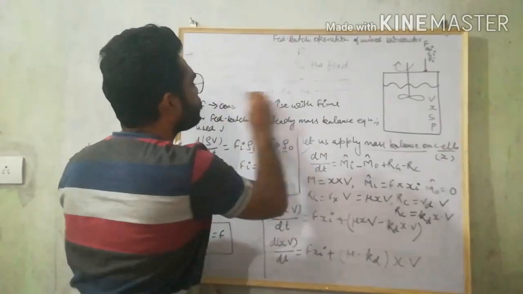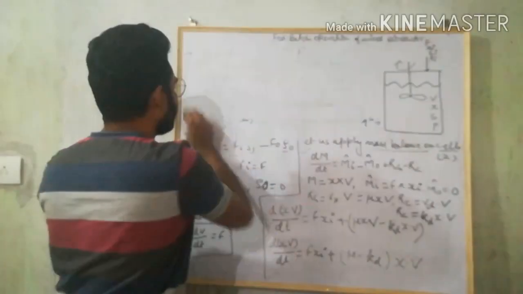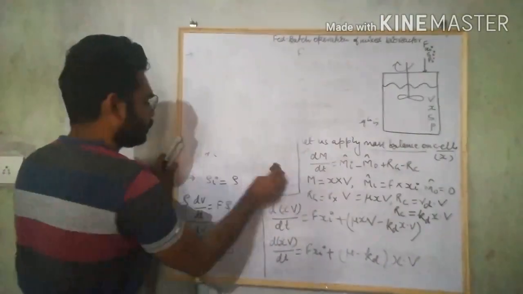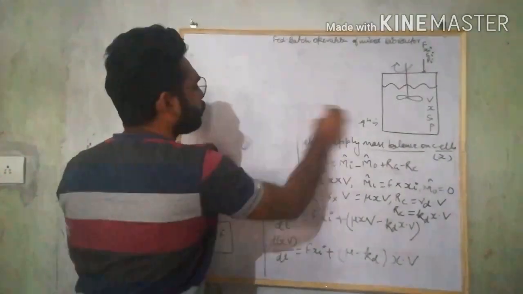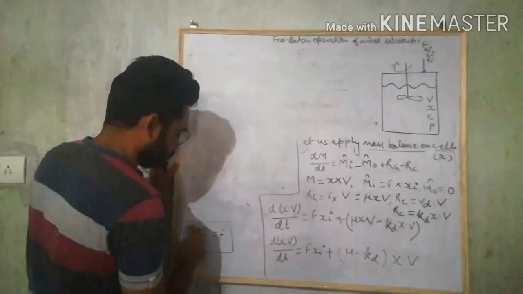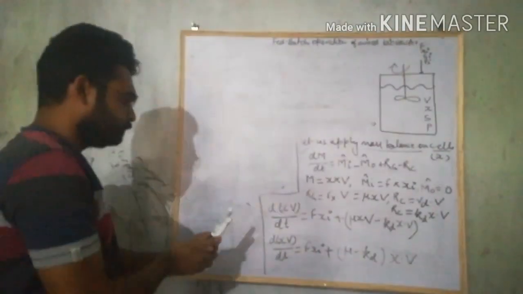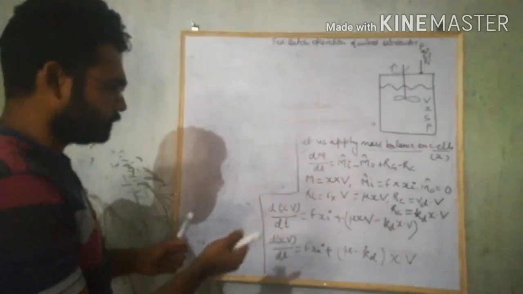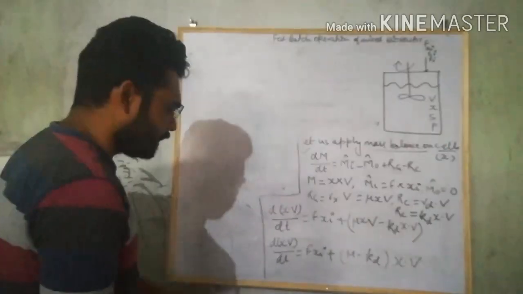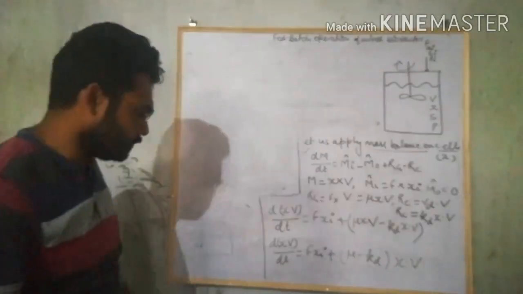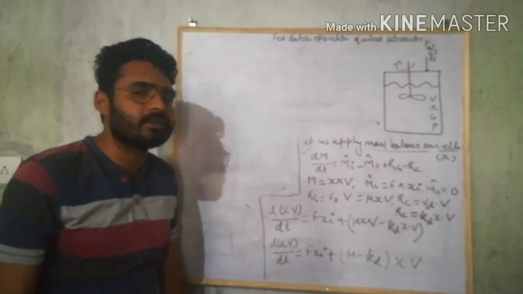Let's further see what is going to happen. So this is the equation that we have got. The problem is that here the volume is not constant, it is changing, right?